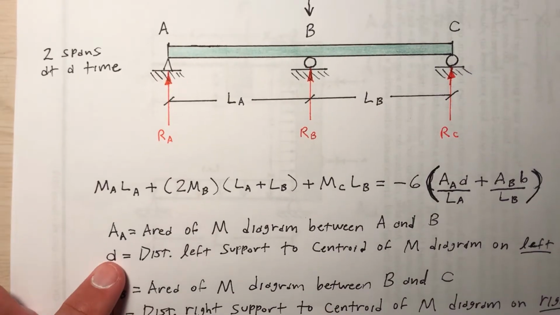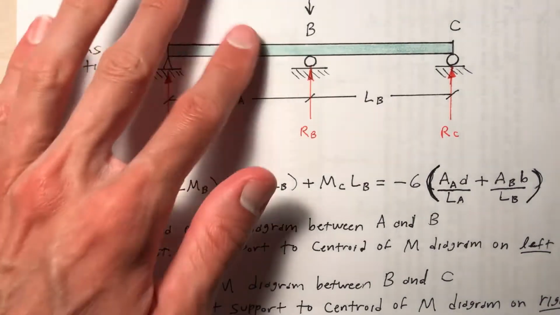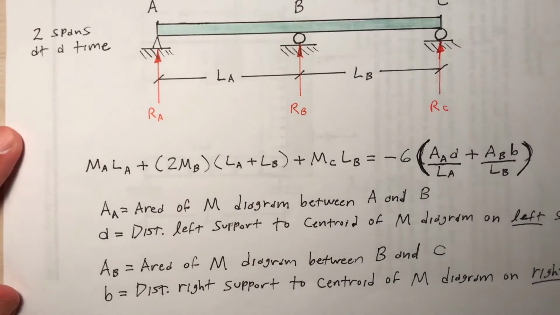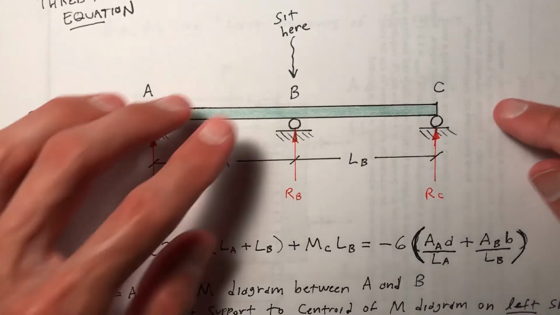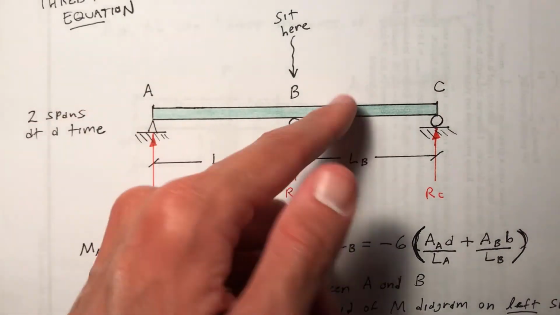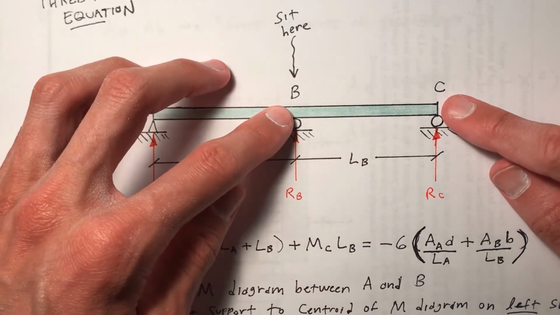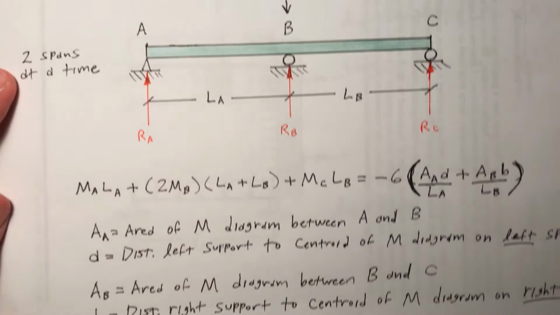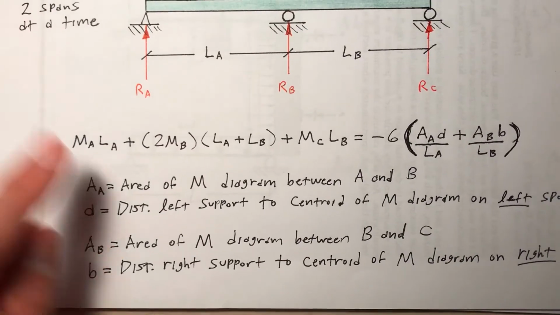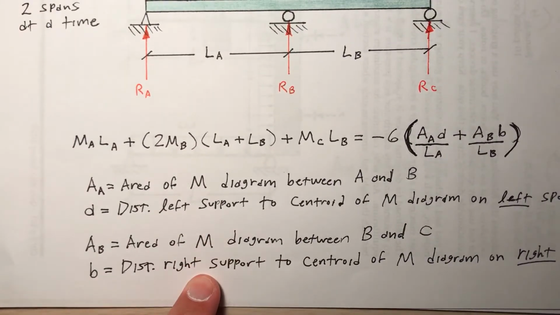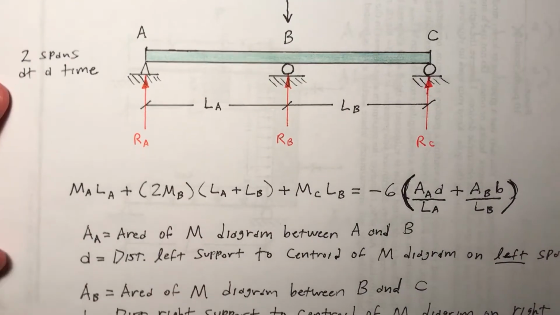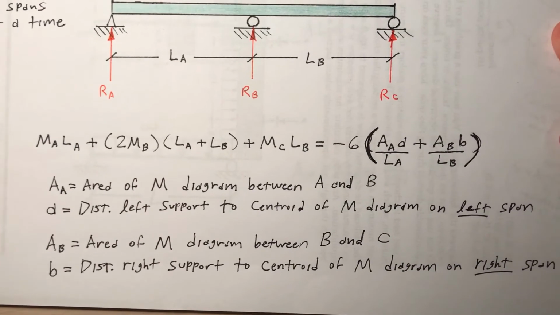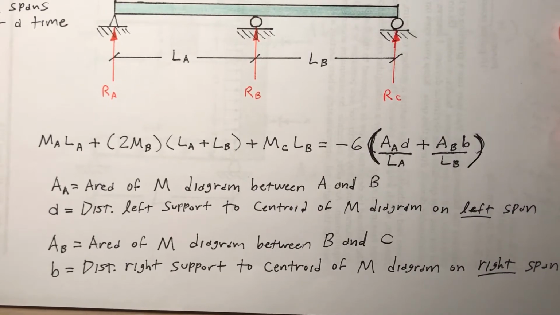Little a would be the distance from the left support to the centroid of that moment diagram. A sub B is the area of the moment diagram between B and C. If you throw a load on there, it would generate a moment diagram for BC. Little b is the distance from the right support, C, to the centroid of the moment diagram between B and C.